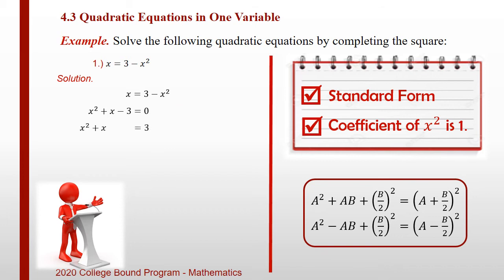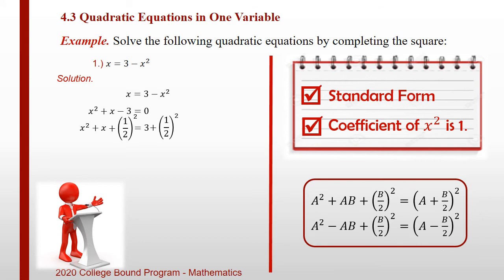First, we write x² + x = 3. Next, we take the half of the numerical coefficient of the middle term, square it, and add it to both sides. In this case, we add (1/2)² to both sides of the equation.